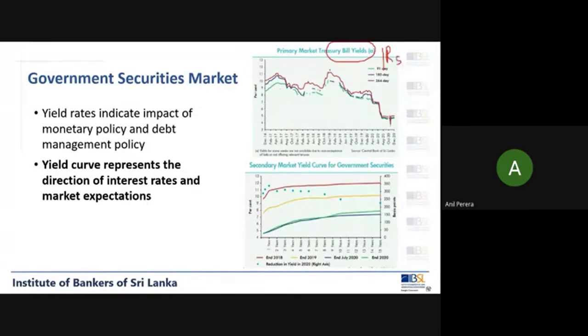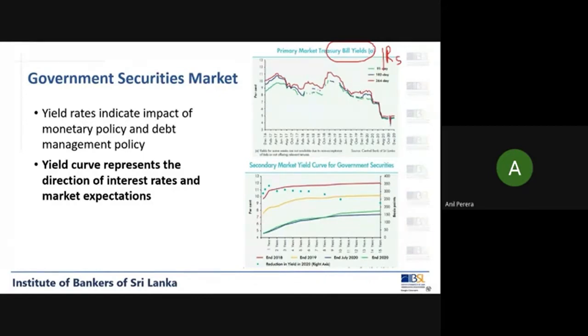You can see how these rates are moving: 91-day bill, 180-day bill, 364-day bill. We cannot have this continuous series for T-bonds because T-bonds are not issued on a regular basis. T-bills are issued weekly. It's a kind of rollover facility for the government. So they are issued weekly.